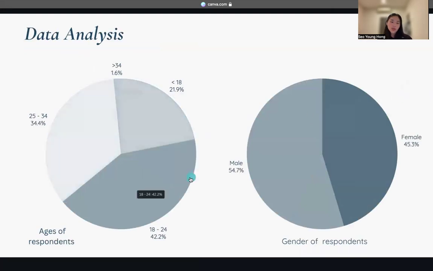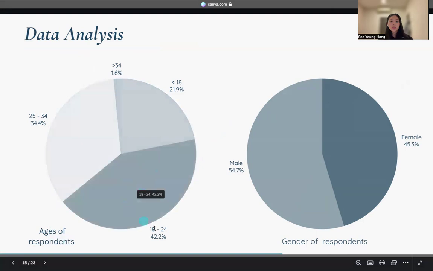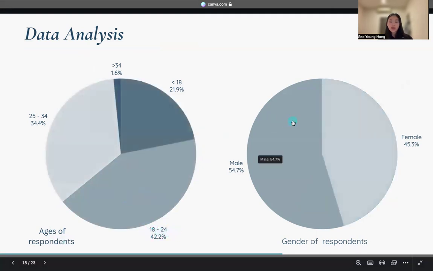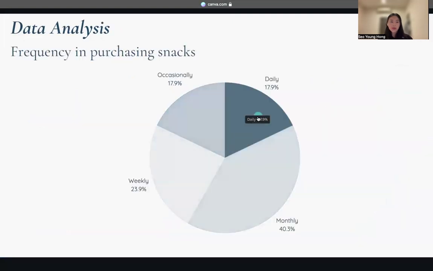The first thing we can see here is that most respondents are aged 18 to 24, and most of those who did this survey are male.